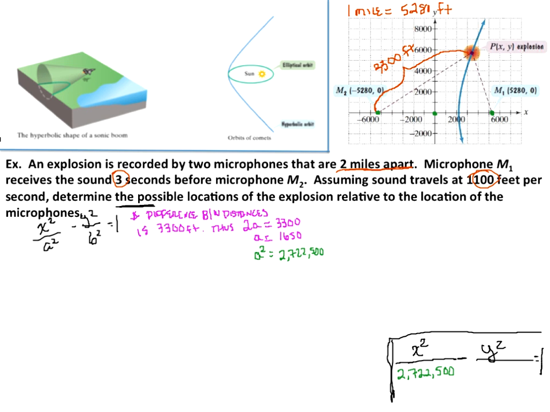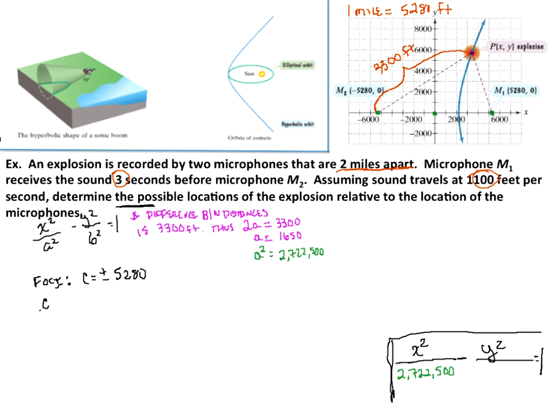Moving further, now I need to figure out what my b squared value is, and I'll have the equation of that hyperbola. Well, the only other piece of information that I have is about my foci. I know that my foci have a c value of positive and negative 5,280 because they lie 5,280 feet in both directions.